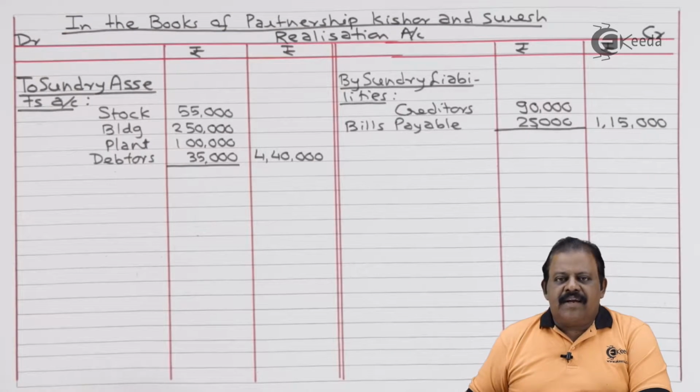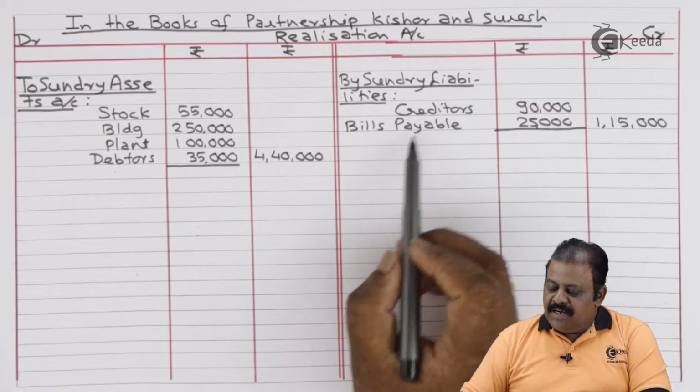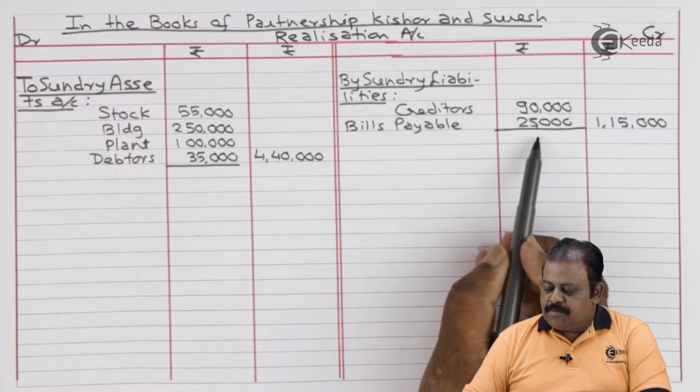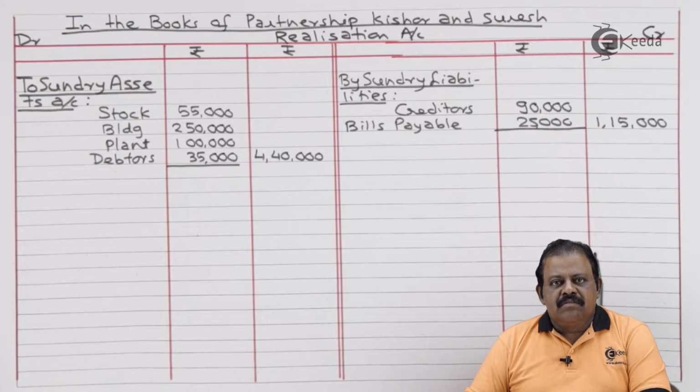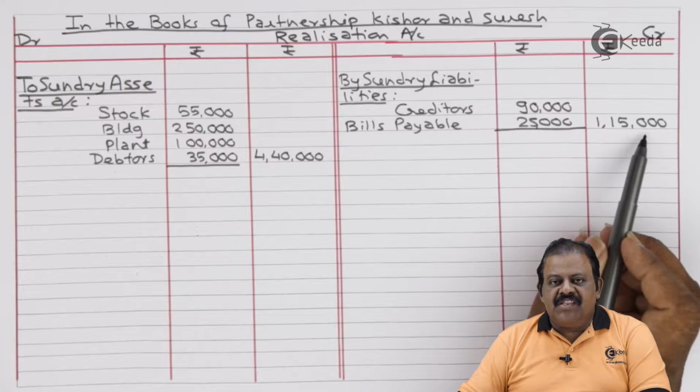Realization account credit side, by sundry liabilities, creditors 90,000, bills payable 25,000, total 1,15,000.